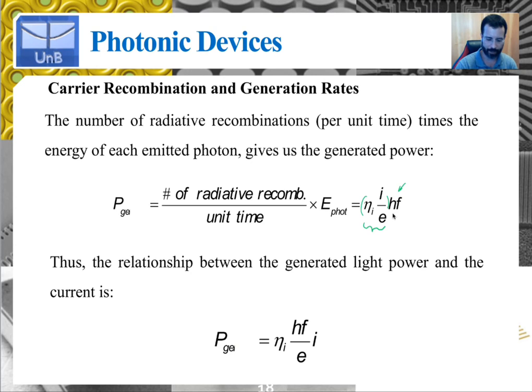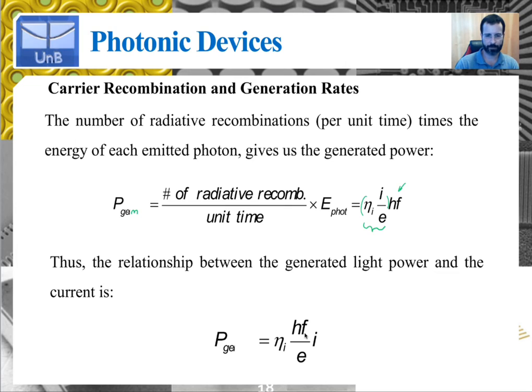So the generated power, P gen, will be equal to this. What we've just done is related the optical generated power to the forward current I. And if we put this in evidence, that's what we have. All of these terms will be a constant for a given material with a given gap and a given internal quantum efficiency.